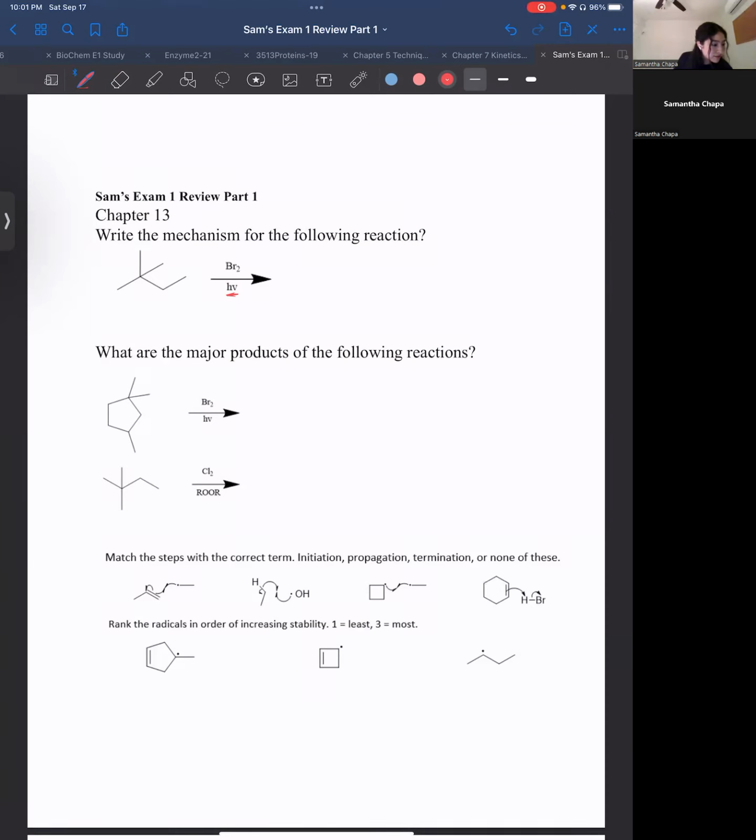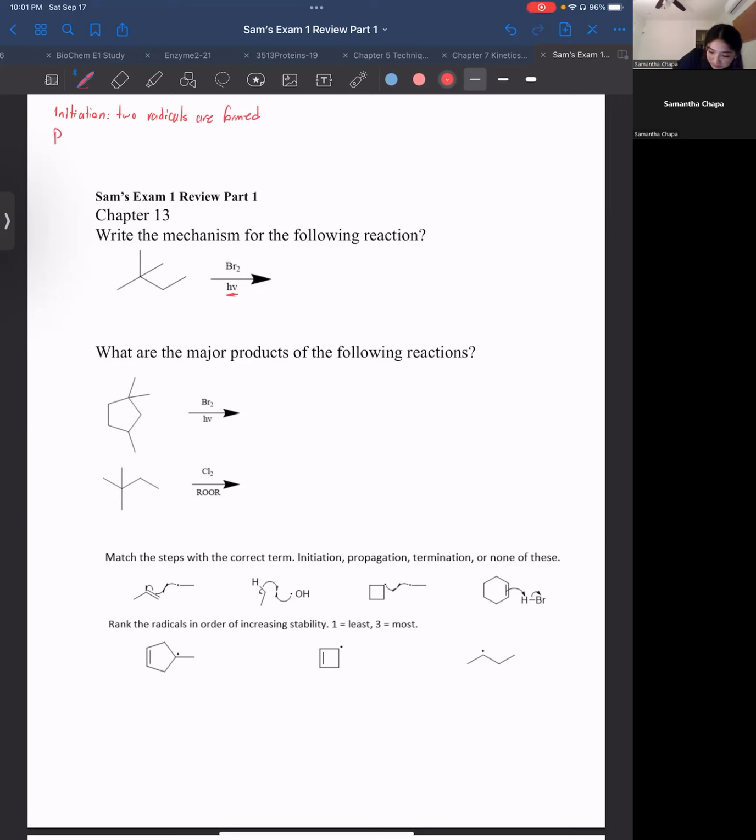So with radical reactions, I have 3 steps. Let me write those out for you. So it's initiation, which is when 2 radicals are formed.